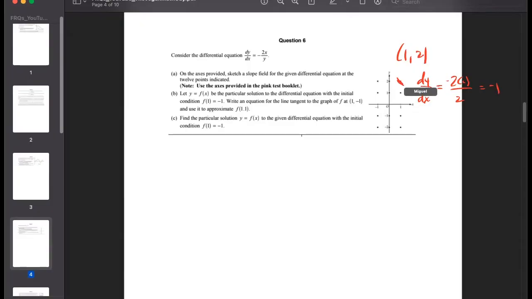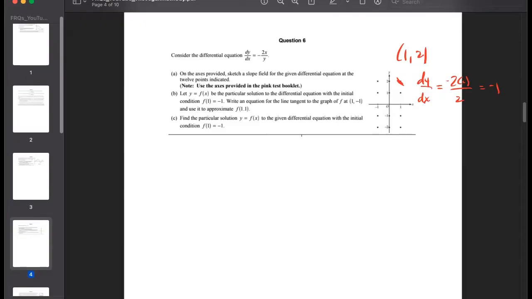And you do this for every single point that is on the graph there. It looks like I see 12 different points. Shouldn't be too bad. Okay, you can go ahead and pause the video if you like and complete that. And then we're going to go ahead and move on to part B.